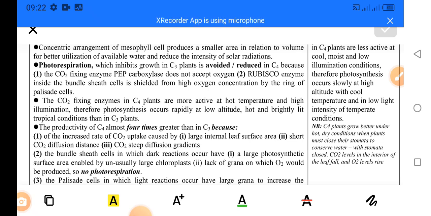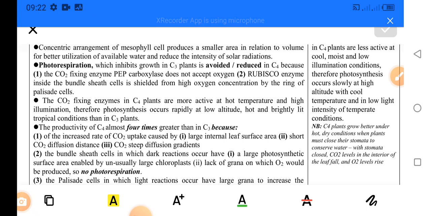Then two, the bundle sheath cells in which the dark reaction occurs have: one, a large photosynthetic surface area enabled by unusually large chloroplasts; two, a lack of grana, on which oxygen would be produced, so no photorespiration occurs.